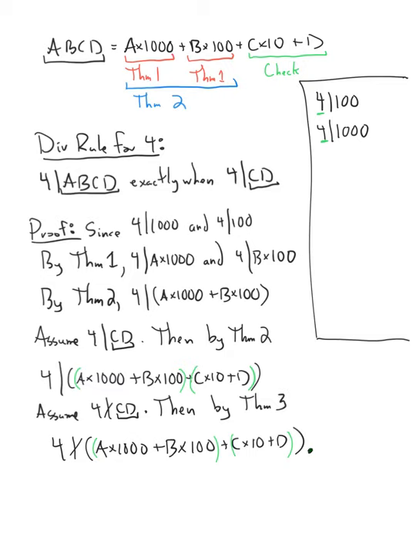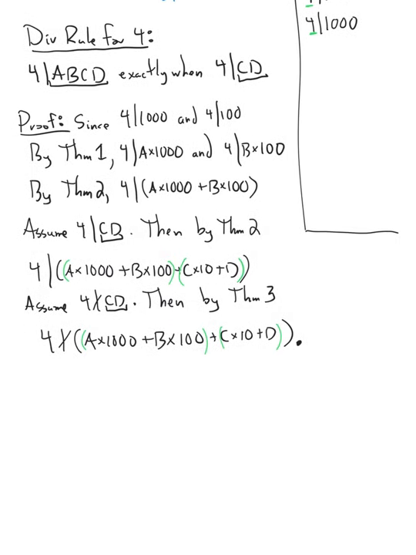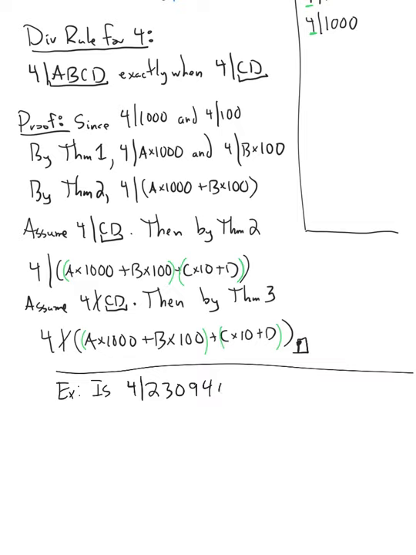Let's check. Let's do an example and see how to use this. Maybe I'll scroll a little bit because I don't need that much space. So is 4 a factor of 2309464? Okay, so this rule says that all we need to do is check if 4 is a factor of the last 2 digits. So let's do it.